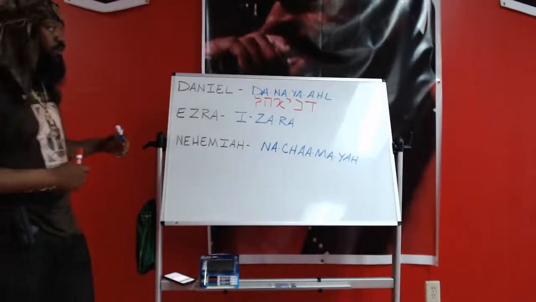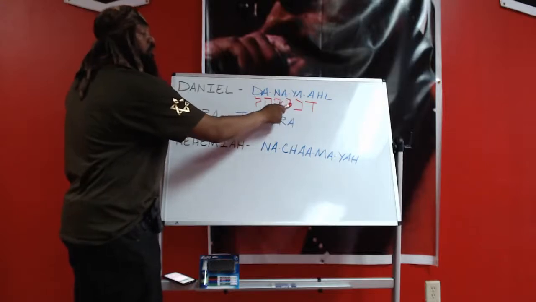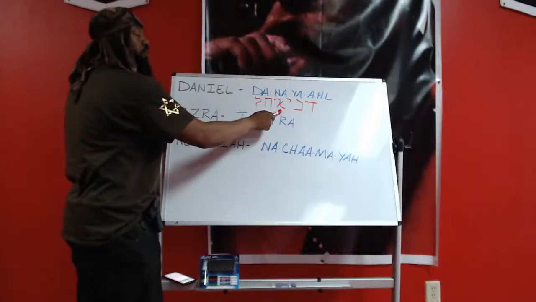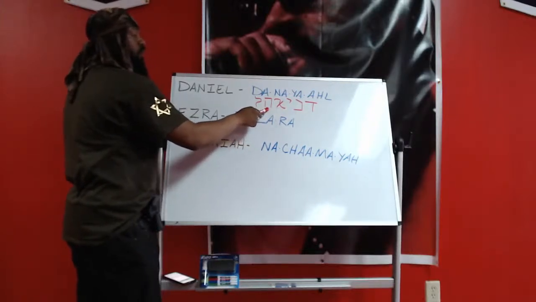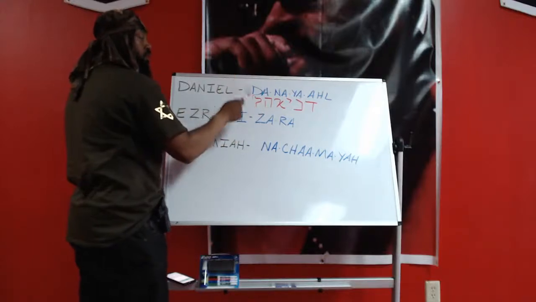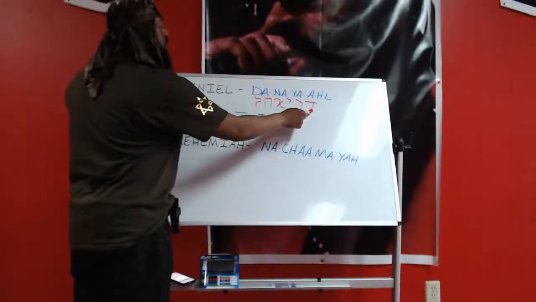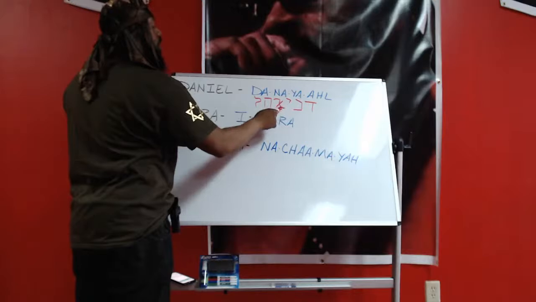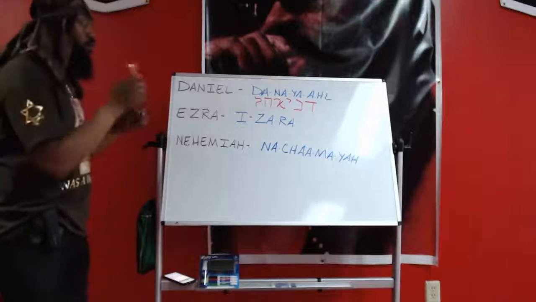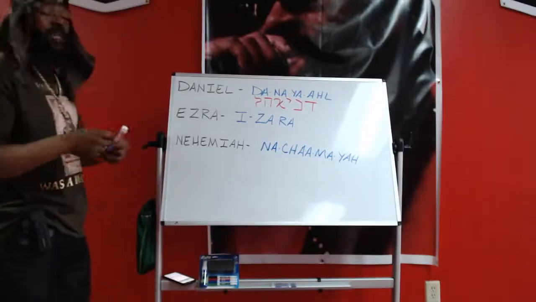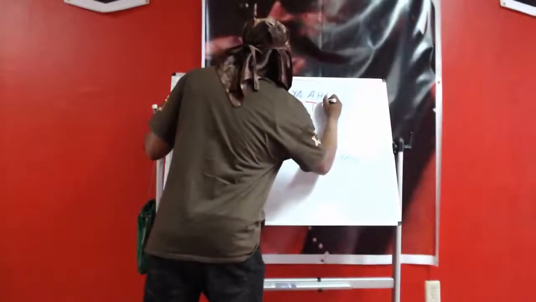So we have Da, Na, Ya, and then we have Ah, then Ha, and then La. So all the letters we have: Da, Na, Ya, Ah, Ha, and then La. Now, real quick, let's write this in ancient Hebrew. Same letters.